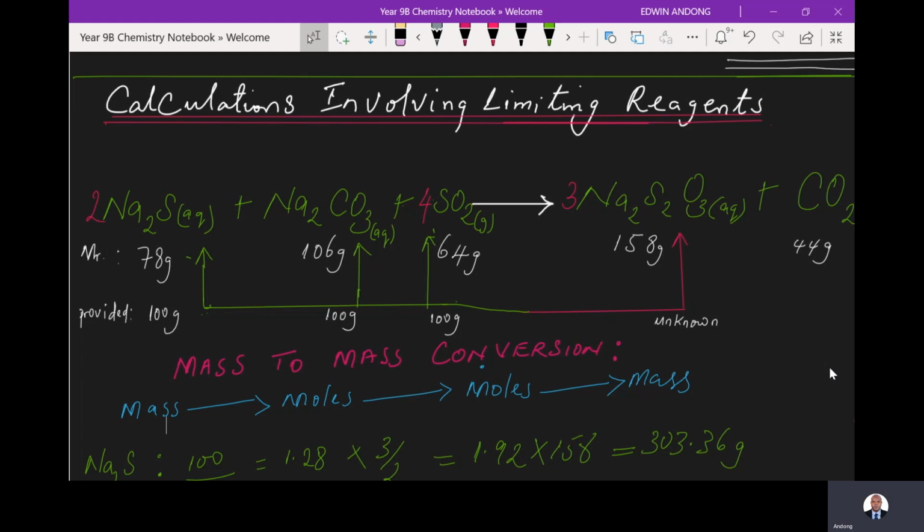And three, if given the masses of reactants, how do you determine the limiting reagent and use that in calculating the product? What is the procedure you have to follow?